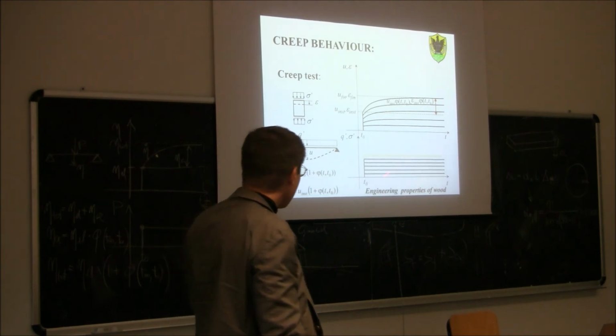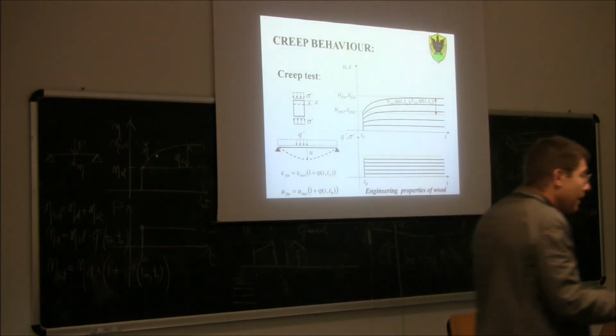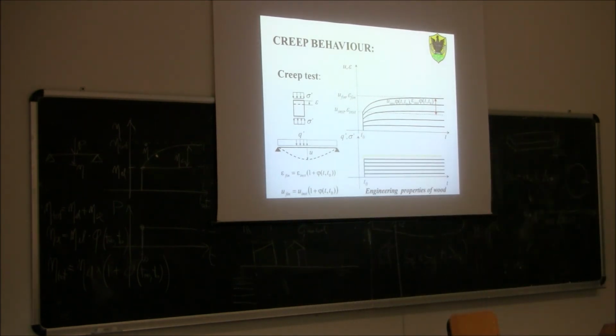There will be a limit above which, if I apply a slightly higher load and I keep the load constant, what is going to happen is that I will have a creep behavior, but then at the end I will have a failure. While before, by doubling up the load, I was doubling up the deflection, I didn't have any failure of the beam.